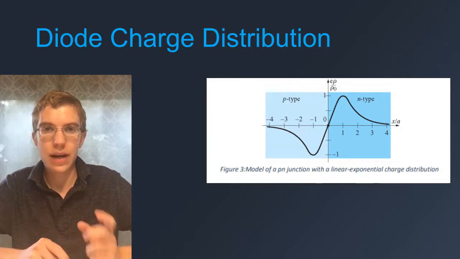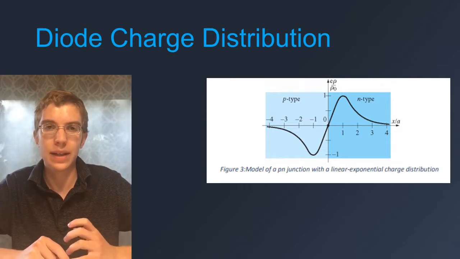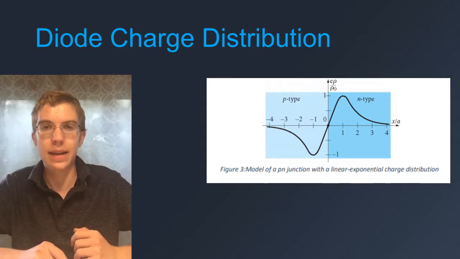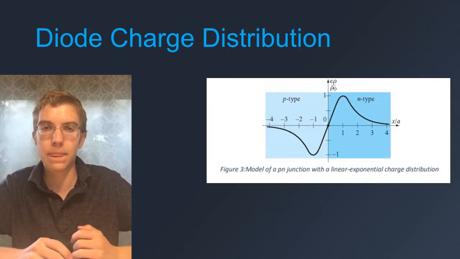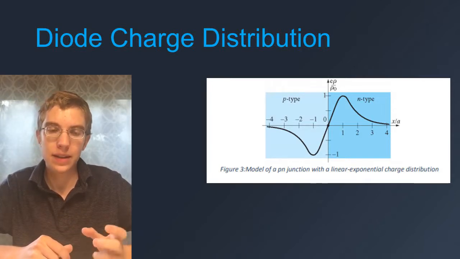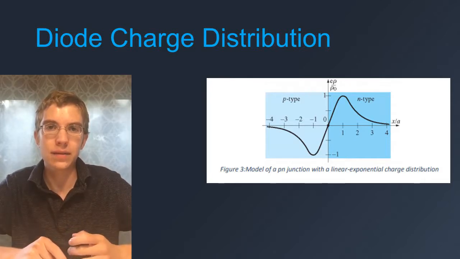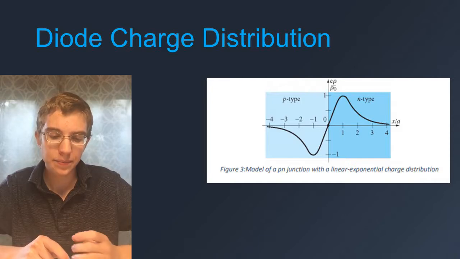From the values at the far ends of the diode, on the far side of the P-type side, we would get a value of negative V0, which would just be a constant, and then on the right side, we would also get a value of positive V0. So in total, the difference across the diode is going to be 2 V0, and that's the value of the threshold voltage, or VD on.